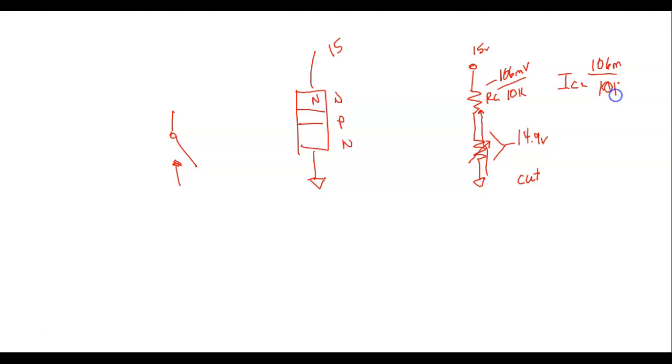So how much current is leaking through there? Not very much, right? We're down in the nanoamps, right? But there's a path through there. So that's what you got to understand. Transistors are never really, even though they're cut off, there's still a path to get through it. But how much would that be? 106 millivolts divided by 10,000 ohms.